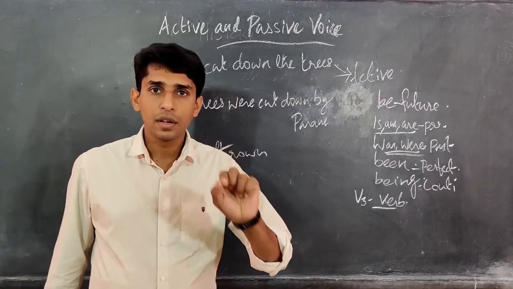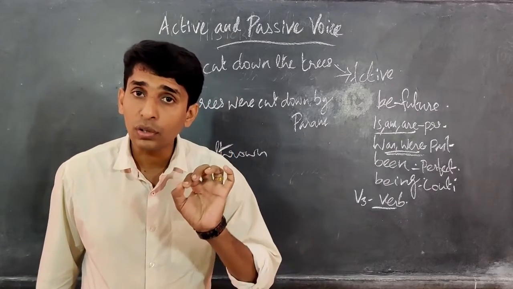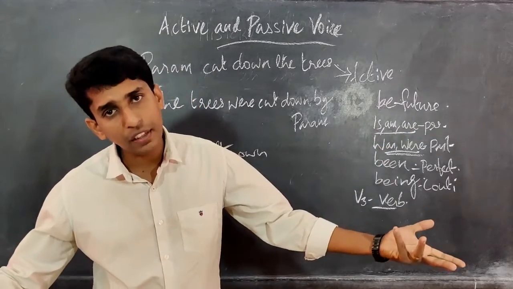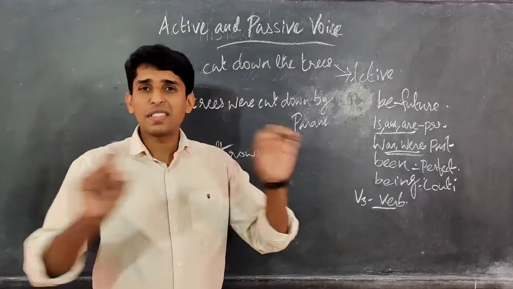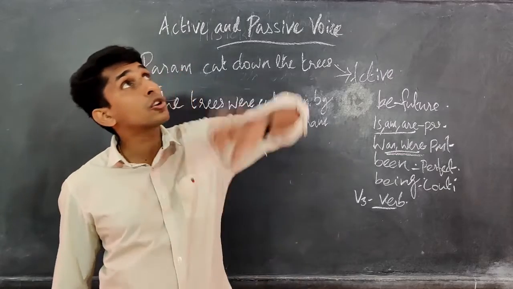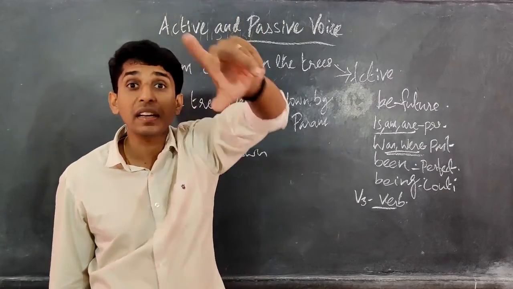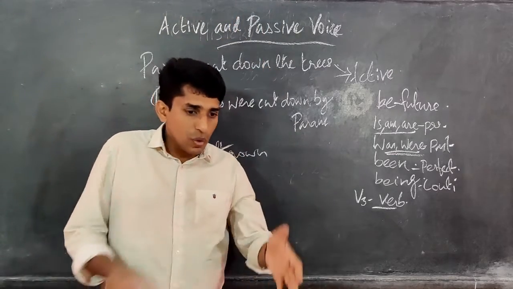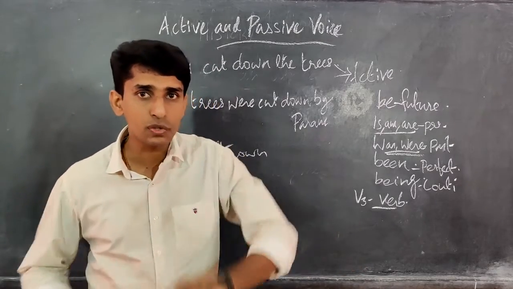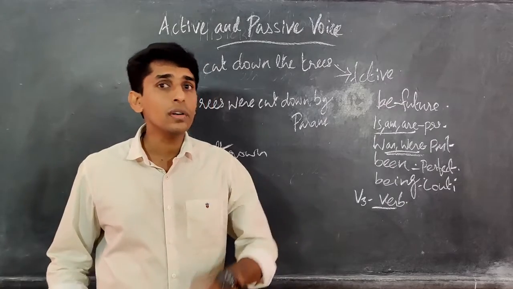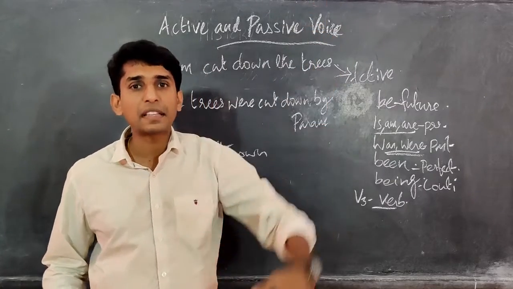Do you get it? The ball was thrown into the air by Rita, or by Rita into the air. Actually, the best form will be: the ball was thrown into the air by Rita. That is the best way. Because "into the air" is the complement for the ball, you can keep it close to the ball. The ball was thrown into the air by Rita.